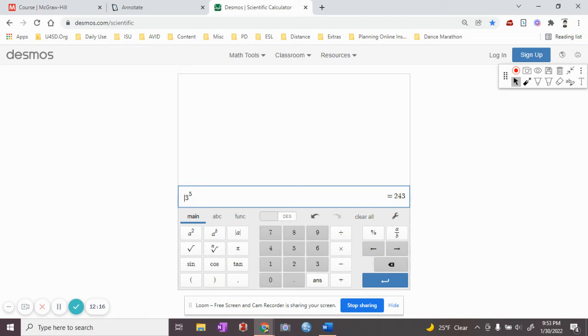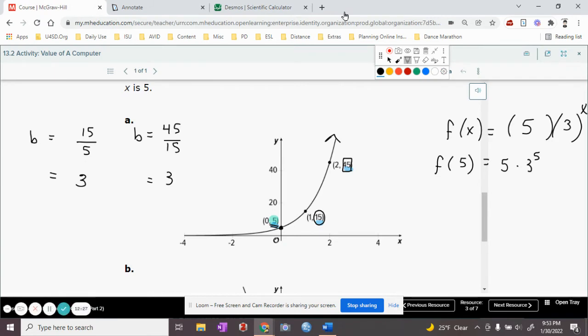Our starting value is 5 times the multiplier of 3 to the power of 5, and that gives me 1,215. So we're going to come over here and write that f of 5 equals 1,215. All right, let's see what part B looks like.